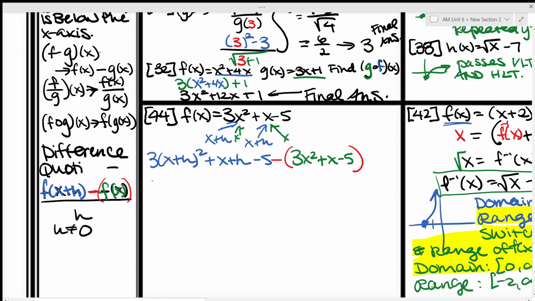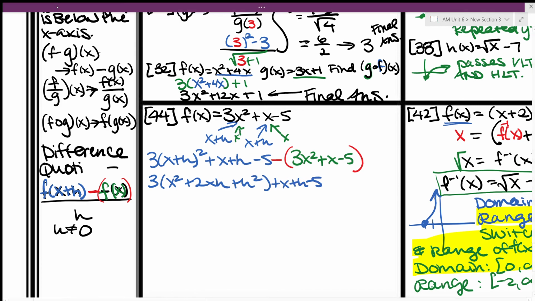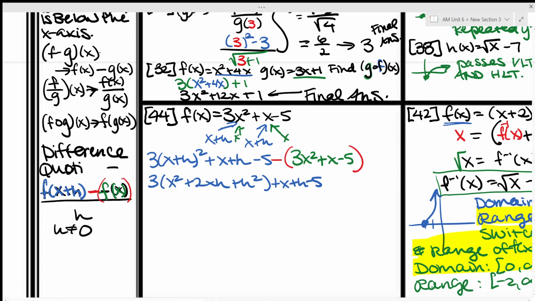Okay, so I'm going to have to FOIL this. I'm going to have x squared plus 2xh plus h squared. And then I'm going to have plus x plus h minus 5. And then I'm going to distribute that negative. So that'll end up being a negative, a positive.